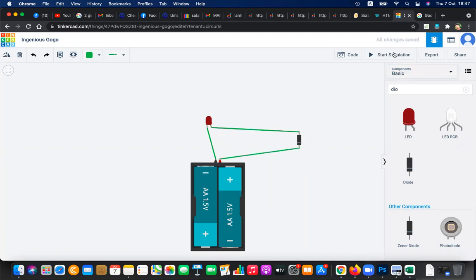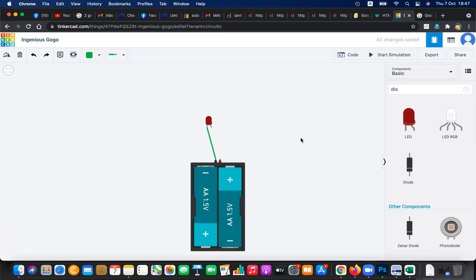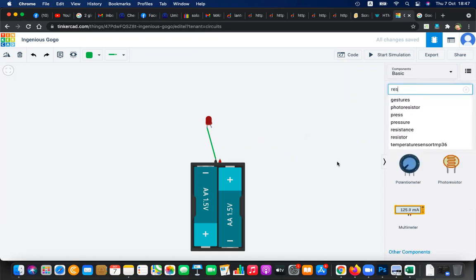Then what will happen? Then you can see it's not turning on. It is not a diode, right? It is a resistor. You have to connect a resistor.